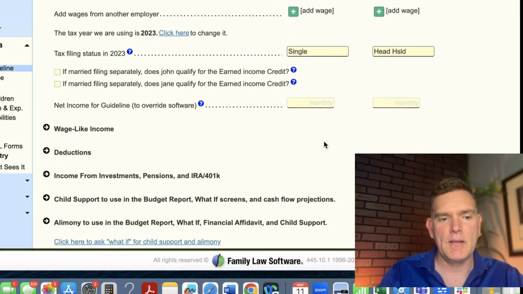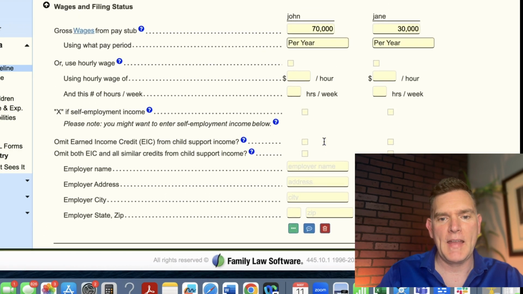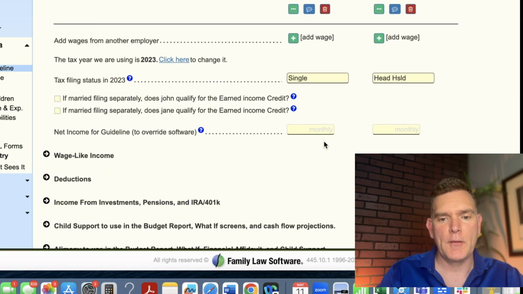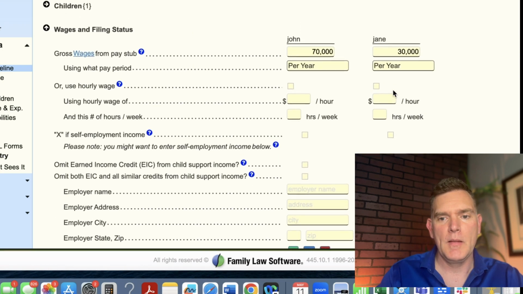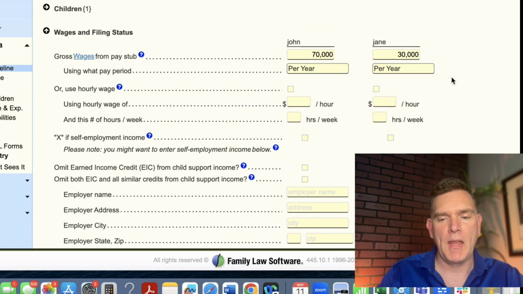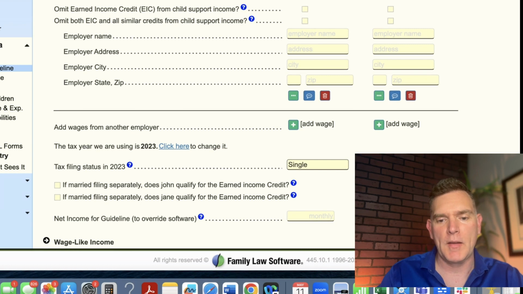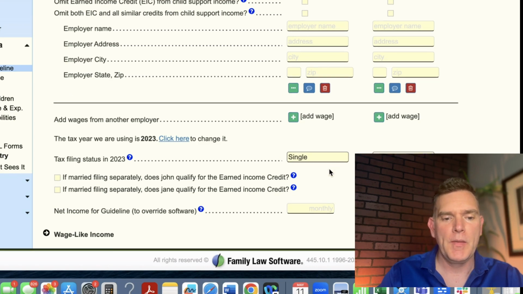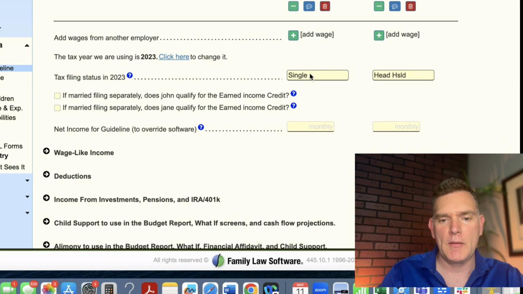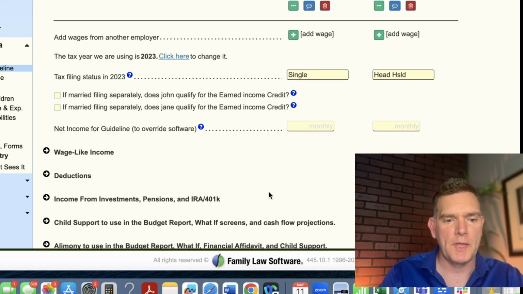That's the incomes, their tax filing status. Typically, the parent who's going to be claiming the child for tax purposes, or having that designation of being the majority parent, is going to be head of household, and the other parent is going to be single. I am not a tax attorney, but I don't believe that both can claim head of household.